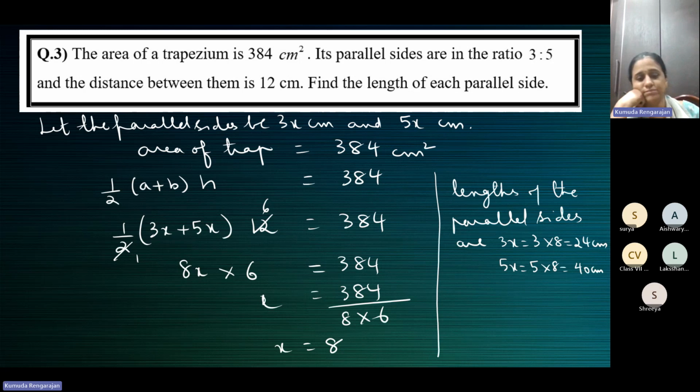Correct? Once we get the value of x, use that in 3x and 5x and find the lengths of the parallel sides.